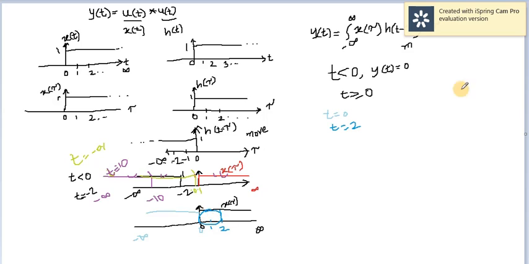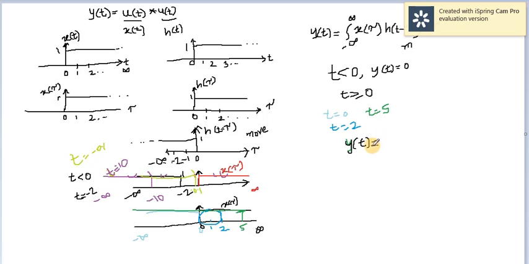Similarly, if the value of t is taken to be 5, then also the signal will be right shifted by 5 units, and we will get such a signal wherein it comes up to 5 and overlapping happens from 0 to 5. So as long as t is greater than 0, y of t is given by the integration.